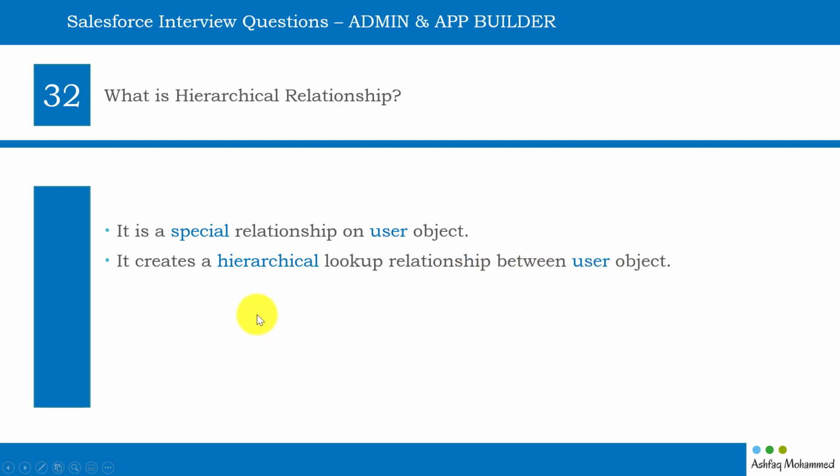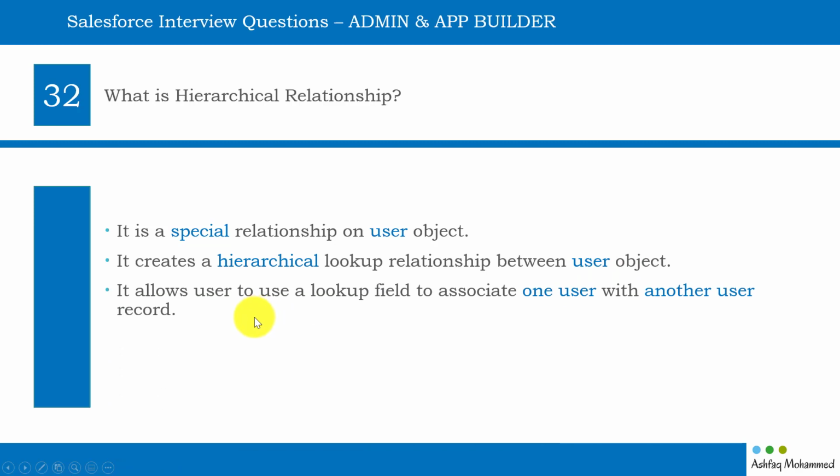Let's say, for example, I have to create my manager on the user, right? For example, we want to identify an employee's manager. What I can do is create a lookup on the user record and give a lookup to the user object only, because employees are also users and managers are also users.